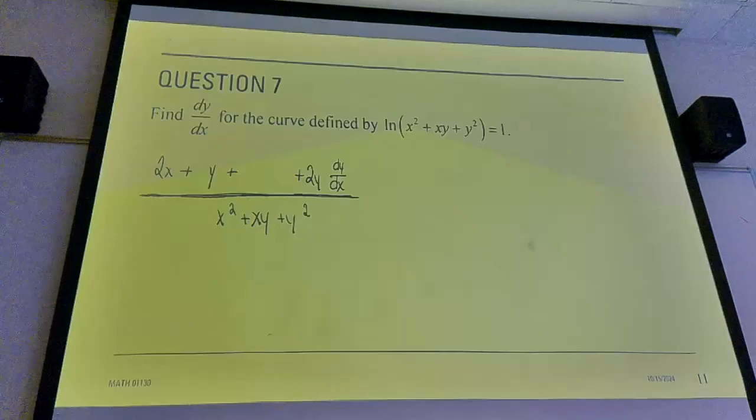I agree there's a y plus something. y plus x dy/dx. And what does that equal? 0.